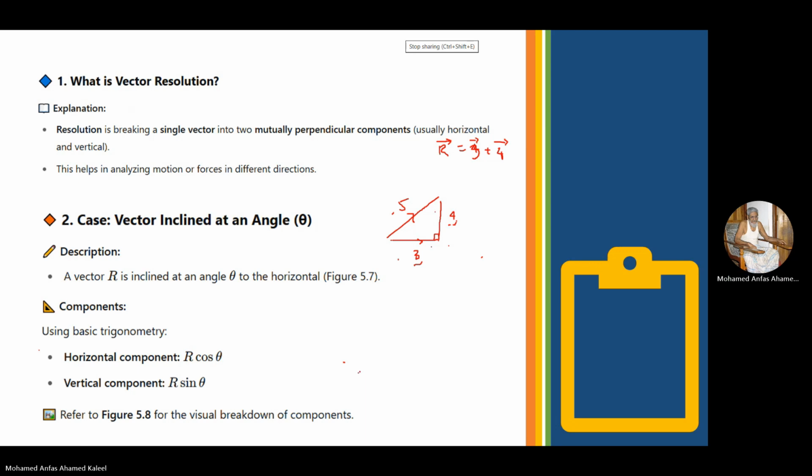A slope is like this, and on this slope there is a mass m. So what happens here? The weight acts vertically, let's say mg.